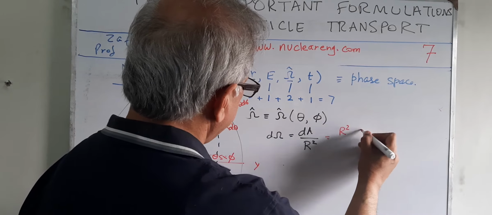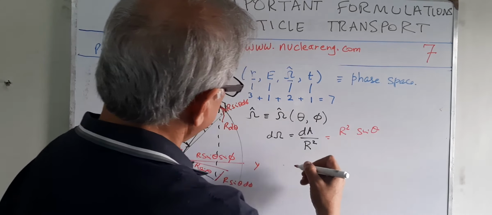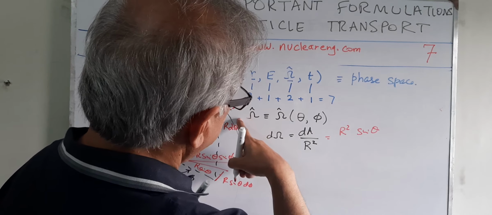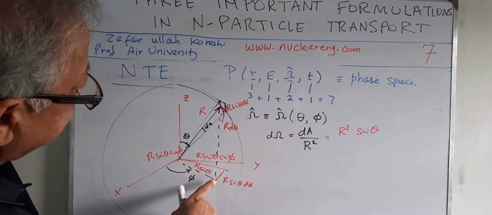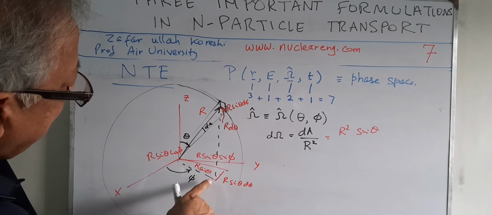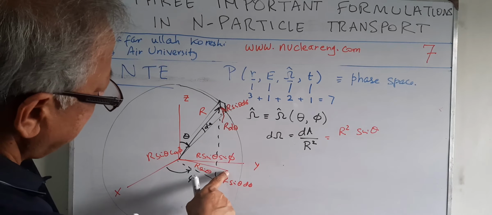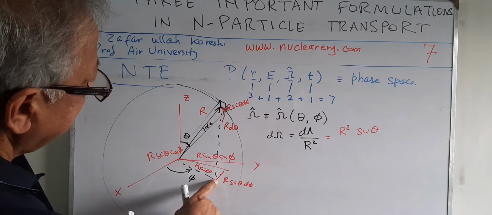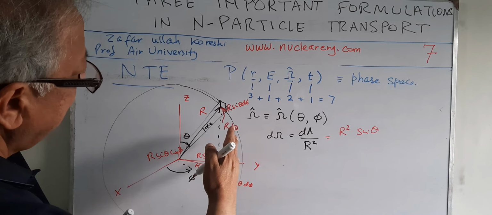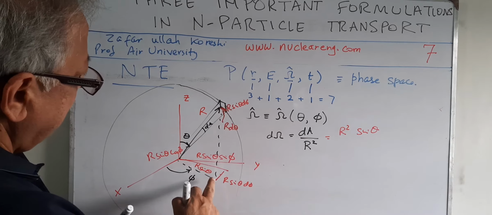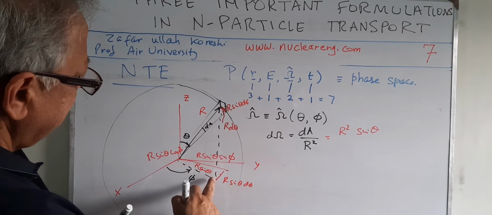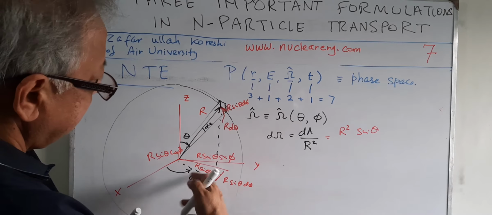So it's r d theta times r sine theta d phi.